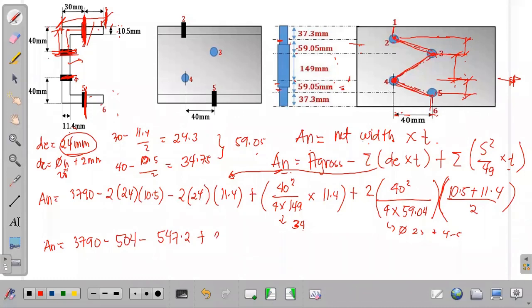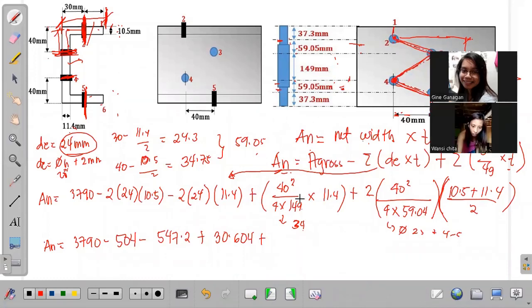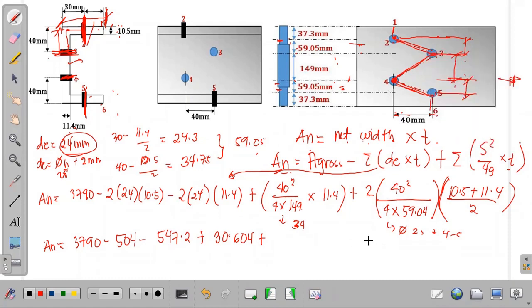So ito, 30.604 plus 40 squared over 4 times 69.04 times 10.5 over. This is plus 148.374. So ano yung magiging value ng AN natin?